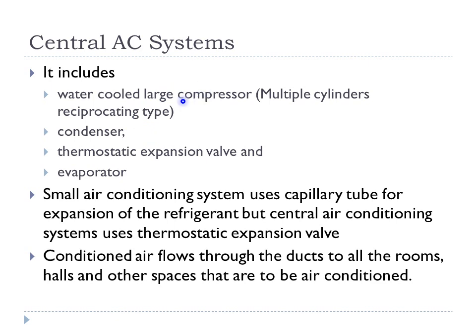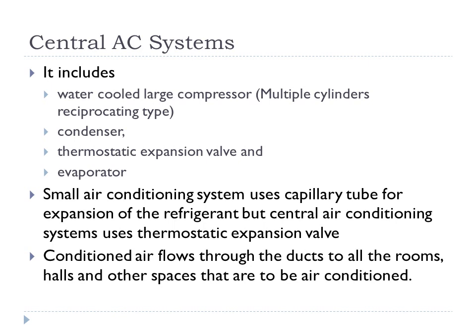Now these compressors also have a condenser in series. Then we have thermostatic expansion valve, and obviously thereafter we have evaporator. Since we are using a vapor compression cycle, so same four components are being used in central AC system also. A small air conditioning system uses capillary tube for expansion of refrigerant, but in case of central AC system we use thermostatic expansion valve.